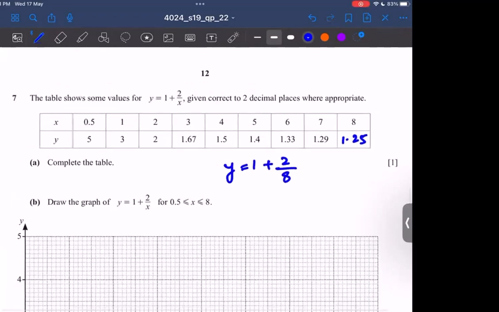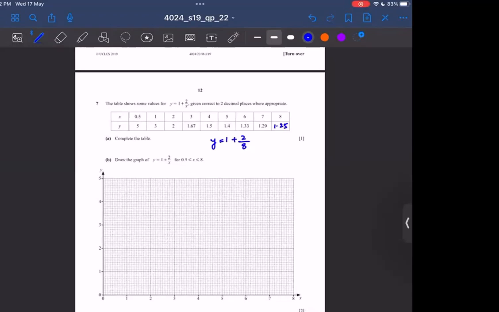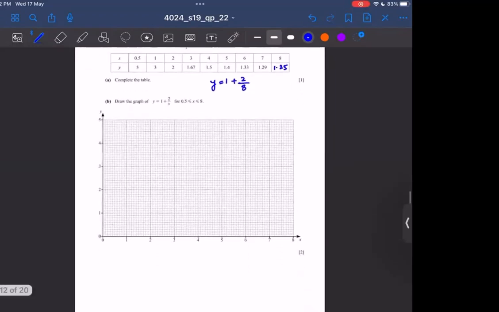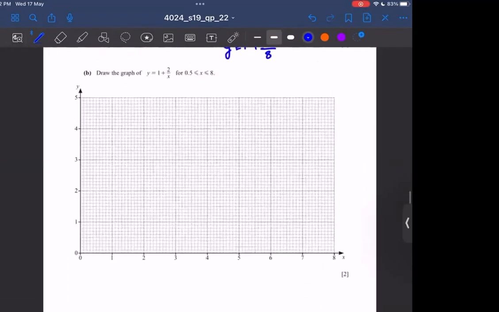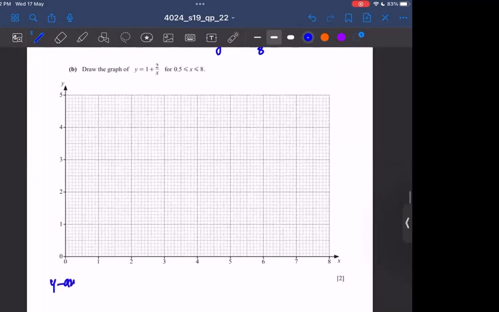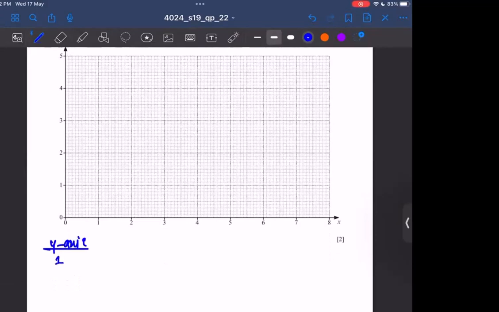Draw the graph y equals to 1 plus 2 upon x from 0.5 to 8. See, we need to have a good understanding of the labeling on x, y axis. Each tiny small box equals to the difference is 1, and we have 10 boxes with the difference of 1.